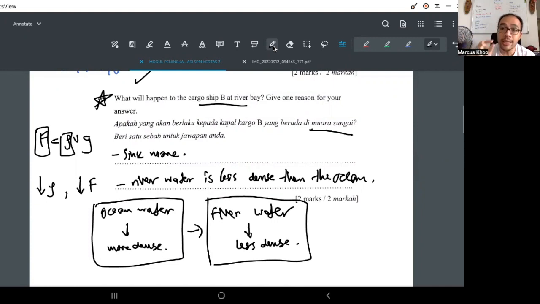So when the density decreases, the buoyant force also will decrease, even though how much is in the water is the same. So because the buoyant force decreases, the weight will become slightly more than the buoyant force lah. So it will sink. Okay, it will sink more lah. Okay, because the river water is less dense than the ocean water, sorry.